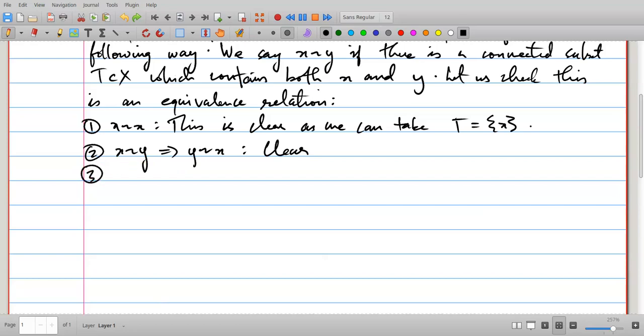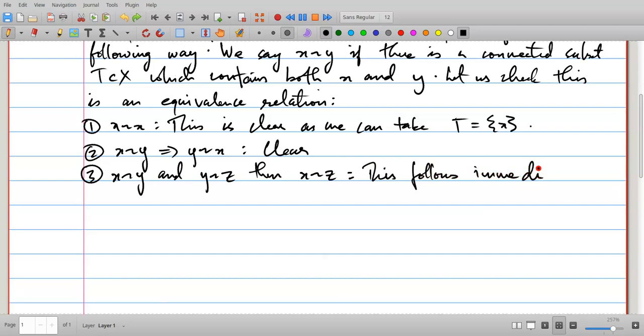And the third condition we want to check is that if x is equivalent to y and y is equivalent to z, then x is equivalent to z. So this follows immediately from the following lemma.